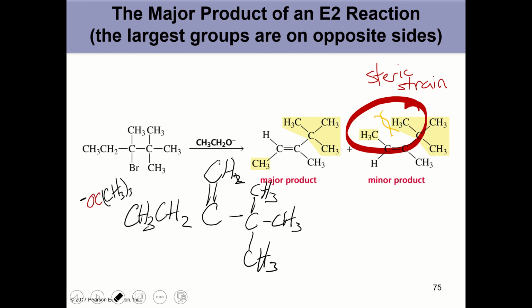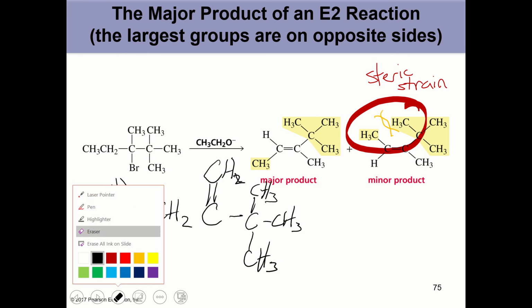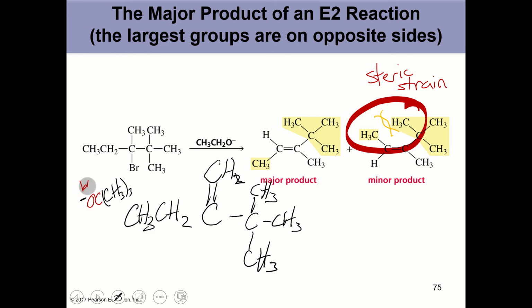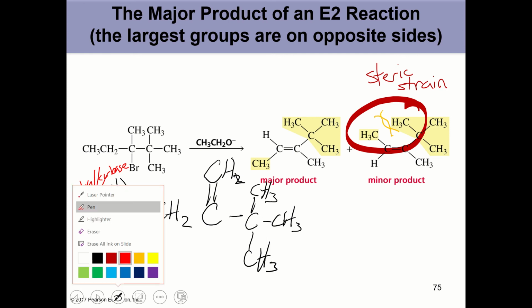So this would be an example of a bulky base. And because the base is sterically hindered, it cannot abstract a proton from the beta carbon that is more substituted.